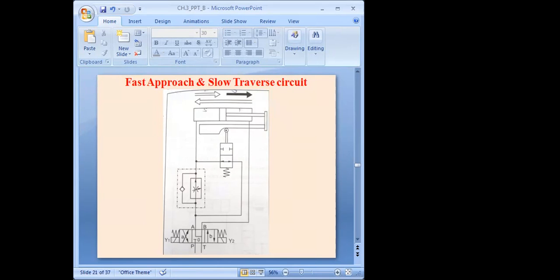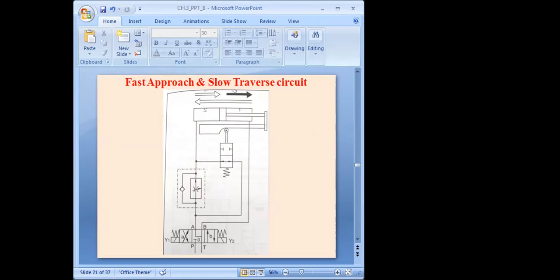One thing remains to be told: this fast approach and slow traverse circuit actually belongs to our methods of speed control circuits. We have seen yesterday the speed control circuits: meter in, meter out, bleed off circuits.